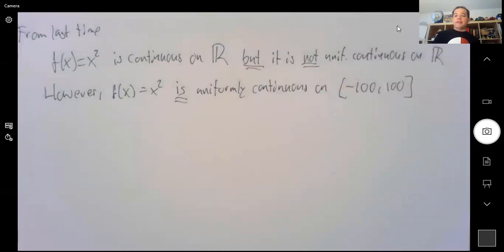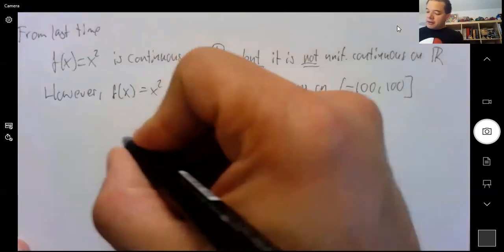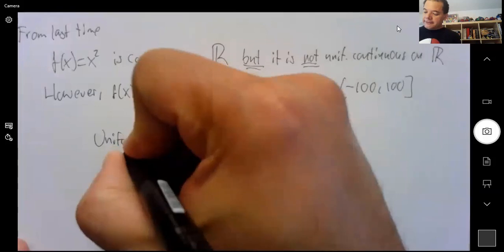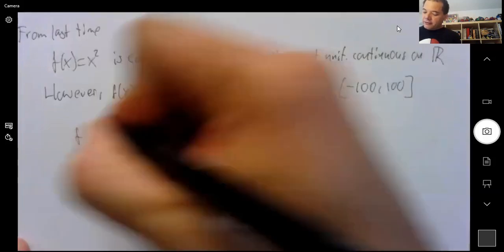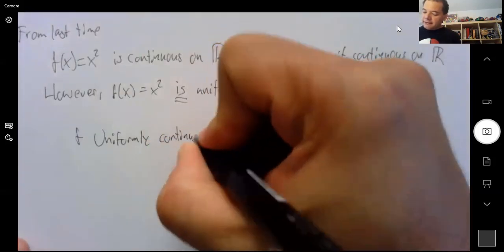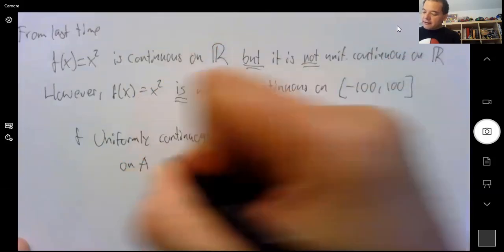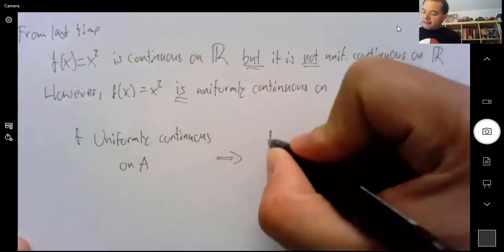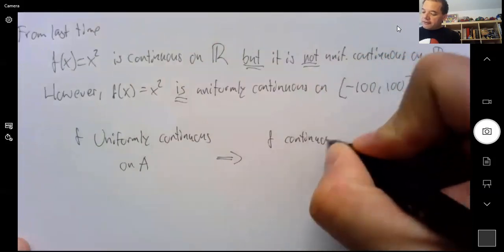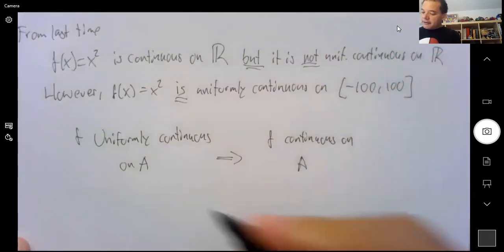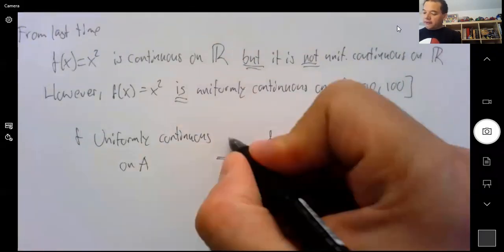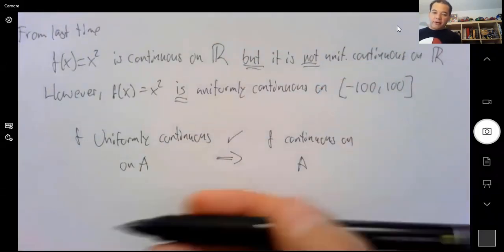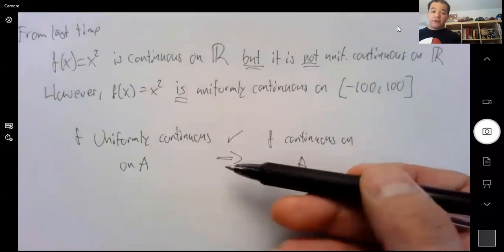So what is it that makes something, how can we have an equivalency here? We also saw that f uniformly continuous on A implies, of course, that f is continuous on A. So it's a stronger statement. But the opposite arrow doesn't work. This one is good; going backwards, in this direction, not good.